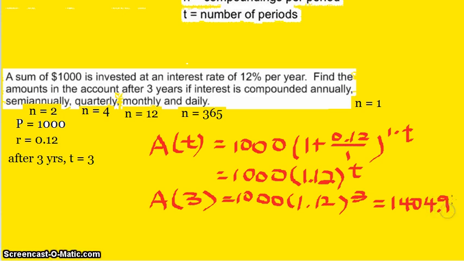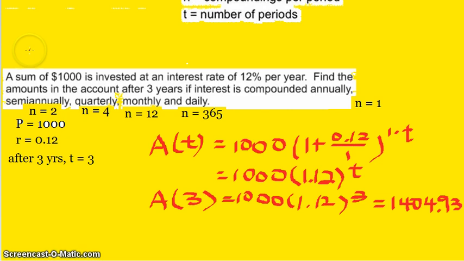So that is how much money I will have in the bank if I put in $1,000, and the bank pays me 12% per year, and the interest is being compounded annually. And I just leave the money there for 3 years. I will end up with $1,405.